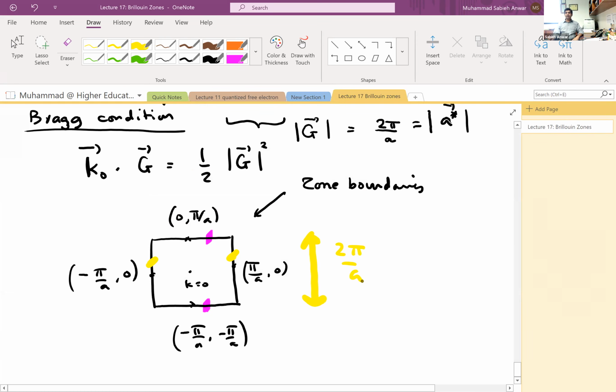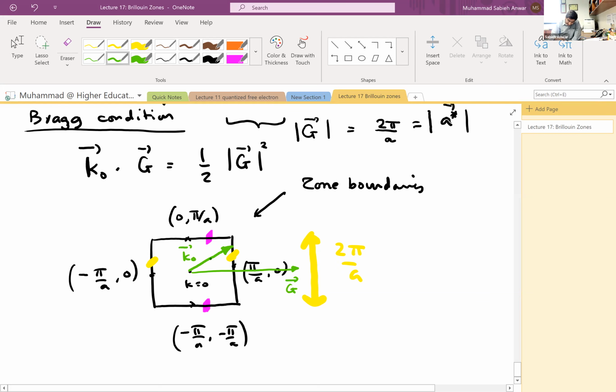All right. And if I were to draw a vector to the zone boundary, let's call this vector k naught. My g vector is here, right? The plane is a bisector of the g vector.